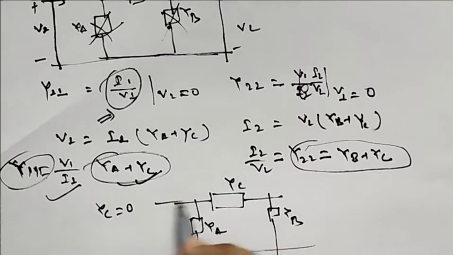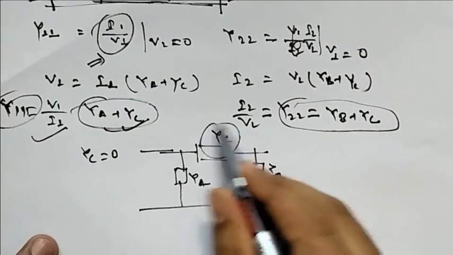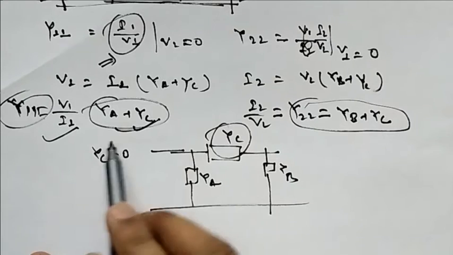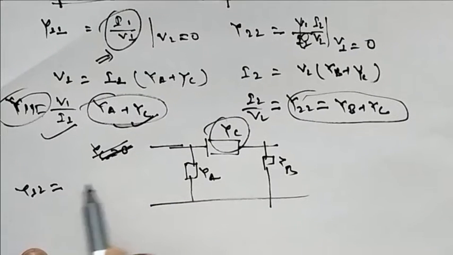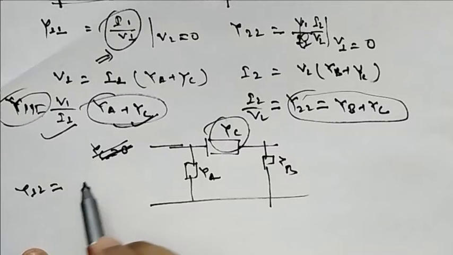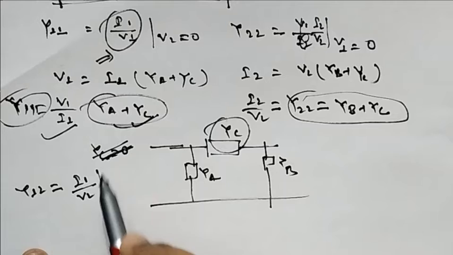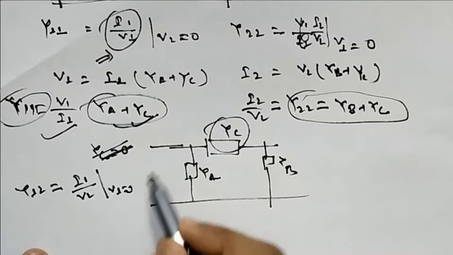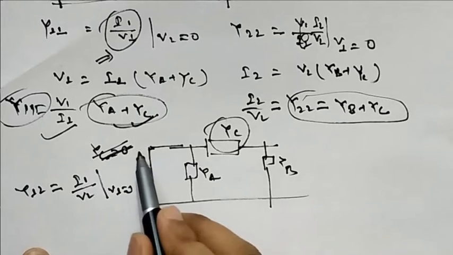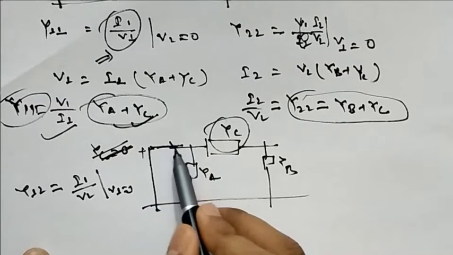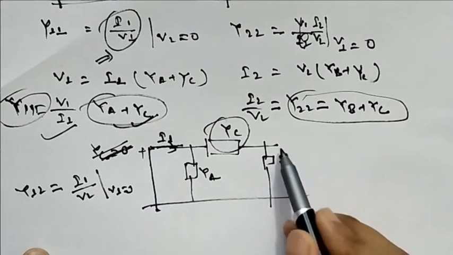Now we need to know y12. To calculate y12, we calculate I1 by V2 keeping V1 equal to 0. Now we are short circuiting V1, and we need to calculate I1 by V2.